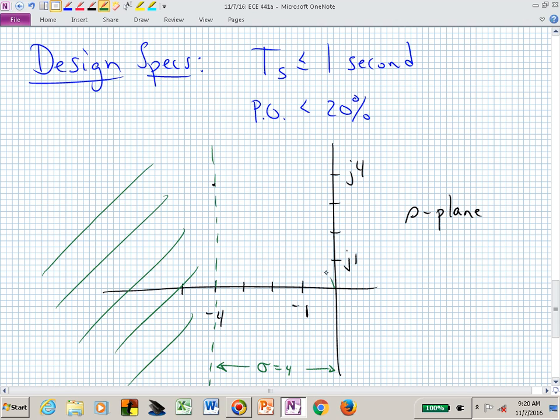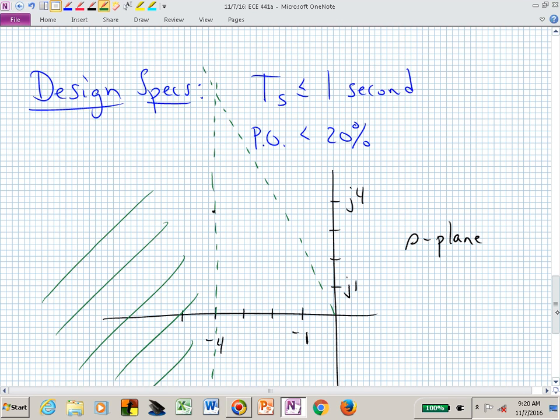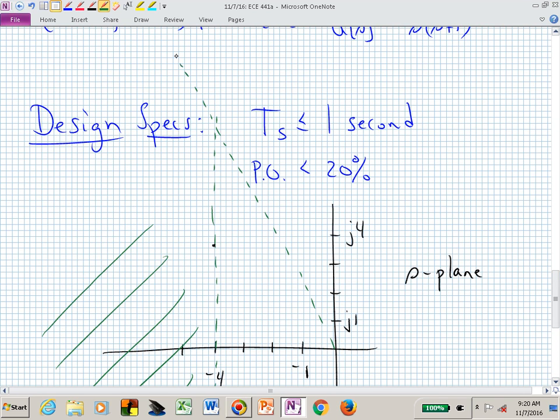So let me go up here and go completely into my writing from before, and I could just keep going. But now we want this angle that we found from our percent overshoot. We need to be inside this large wedge that's bounded by a 63-degree angle.